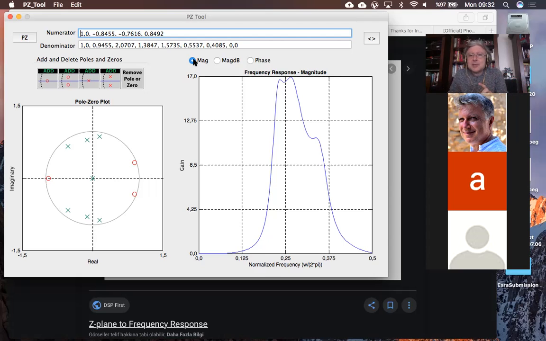Why am I telling you this? Because in your examinations, there will be multiple choice test questions, in which I will just give you a pole zero plot, and I will give you 5 candidates of H of e to the j omega magnitude plots. So the left-hand side plot will be given, and 5 candidates of the right-hand side plots will be given to you.